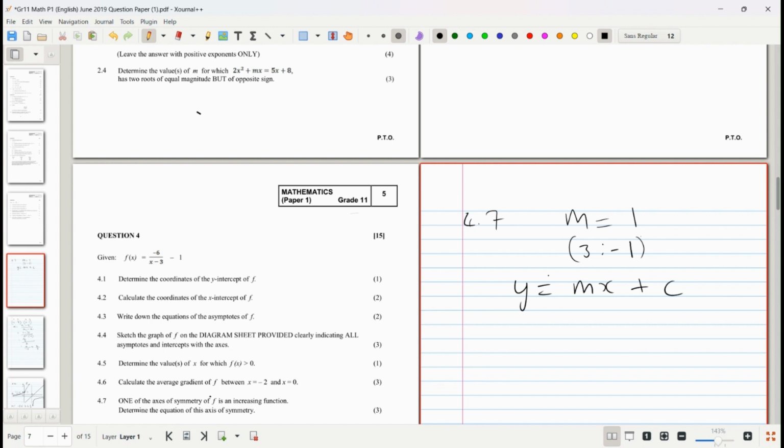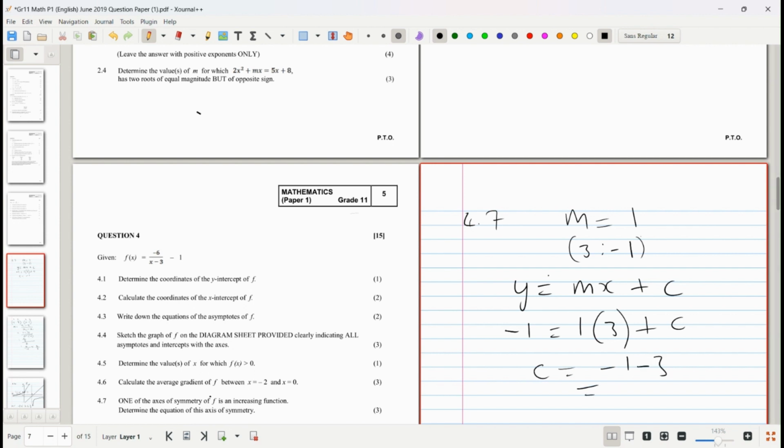So we'll have -1 equals to, the gradient is 1, times x, which is 3, plus c. We need to make c the subject of the formula, such that we'll have -1, and this 3, when it goes to the left hand side, will be -3.